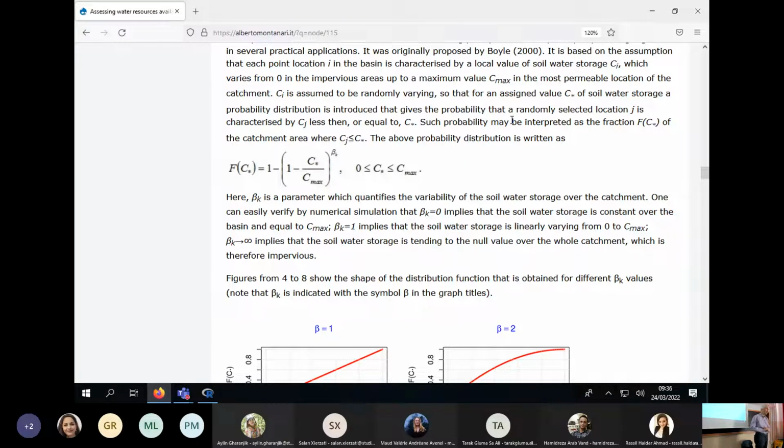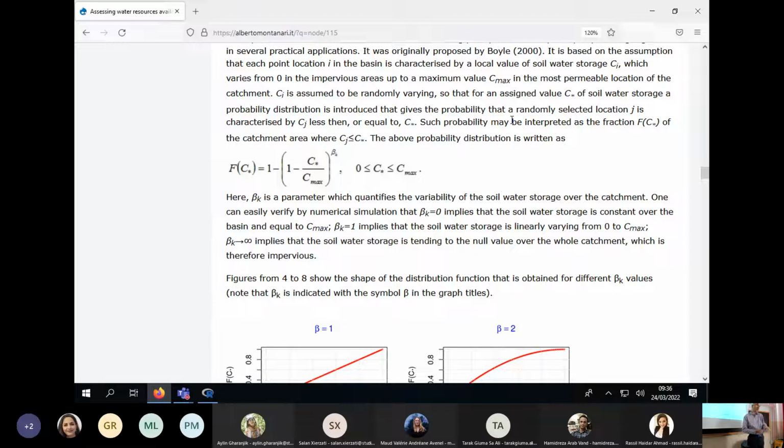Why is the variability of the soil infiltration capacity important? We already discussed it, because where the soil can take and retain water, it's a soil that reacts slowly to precipitation, because storage is like a spring, you know. It takes water and then it releases it slowly.